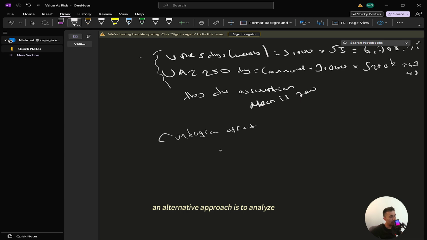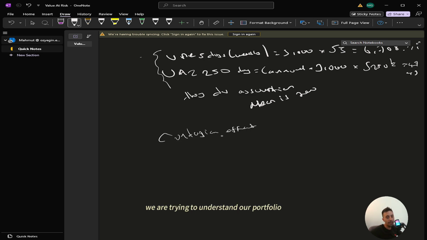An alternative approach is to analyze different predetermined stress scenarios, such as a shift in yield, shift up or shift down, or LIBOR or SOFR or whatever you have. I don't know your rate, constant rate, non-constant rate.